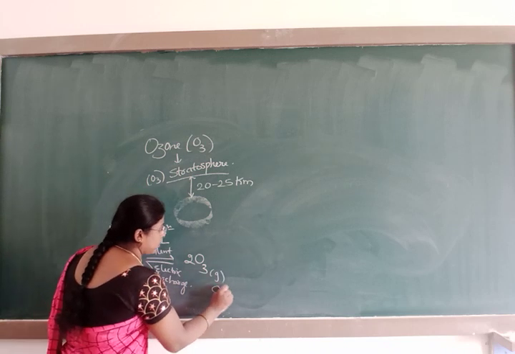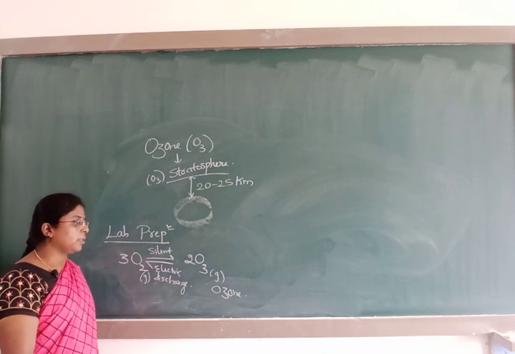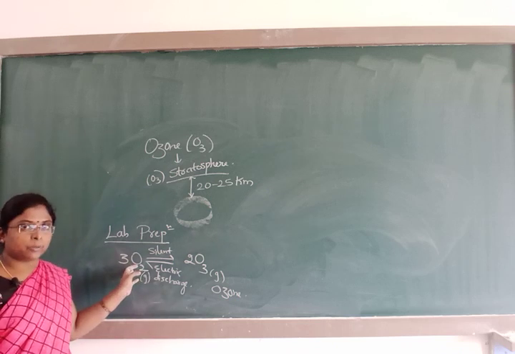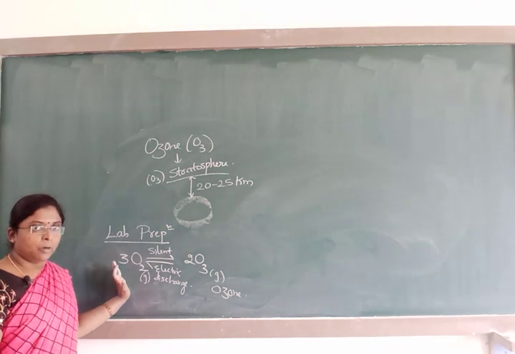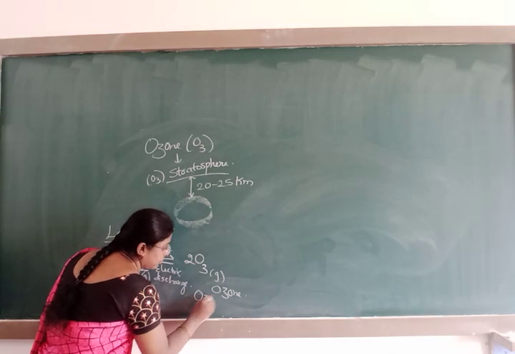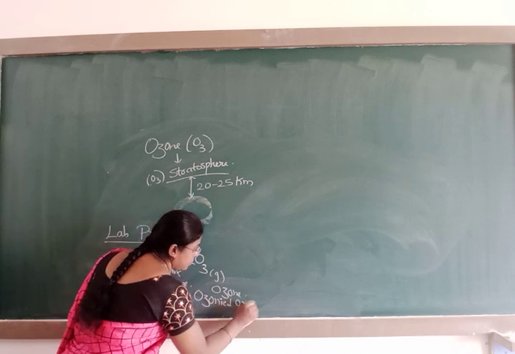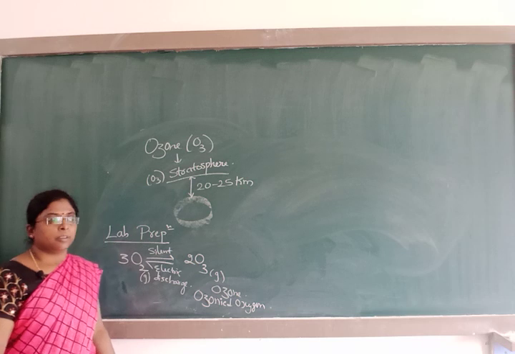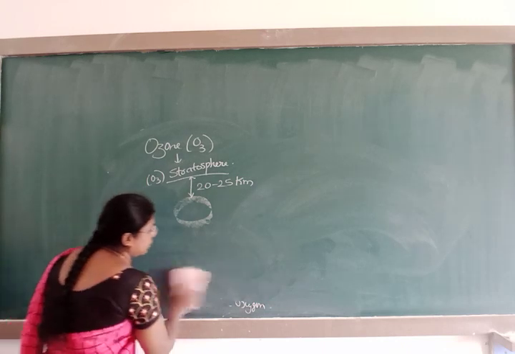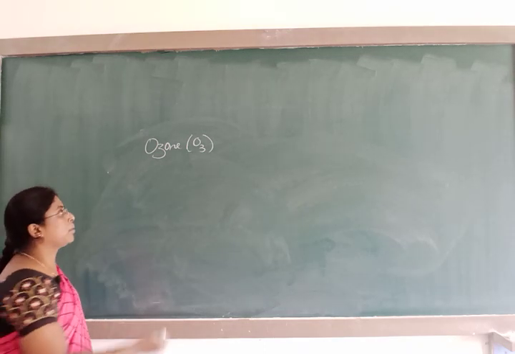Since the obtained ozone is artificially prepared in the lab from oxygen, we call it ozonized oxygen. This is the laboratory method of preparation of ozone. Next come its physical properties.